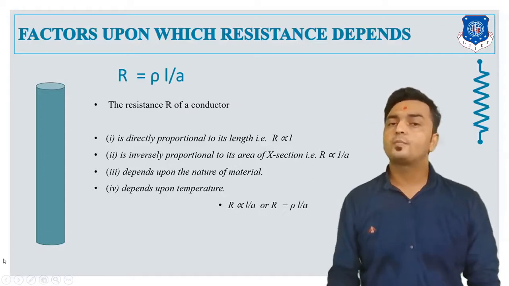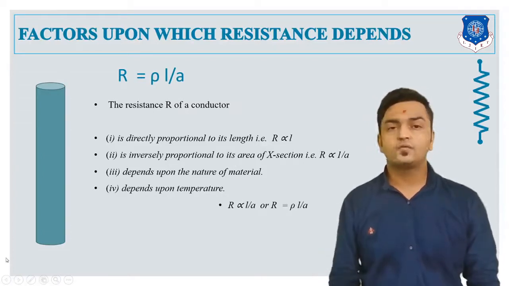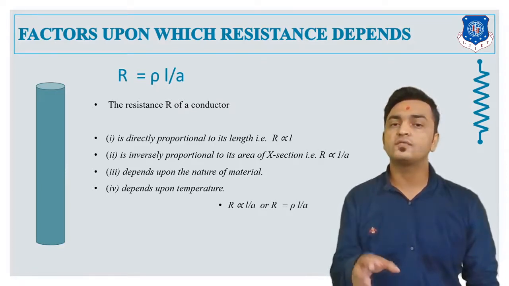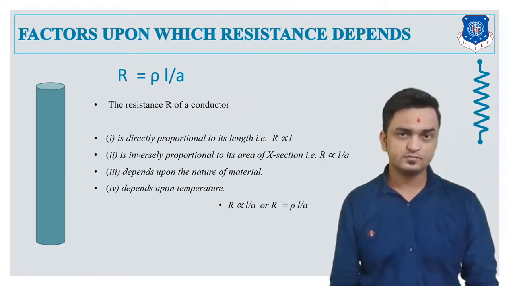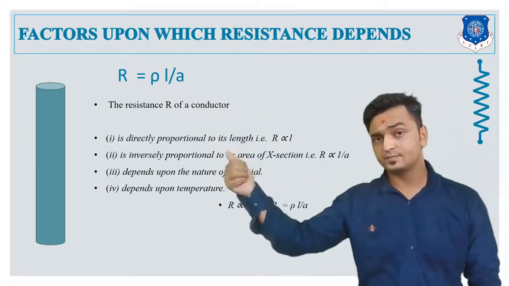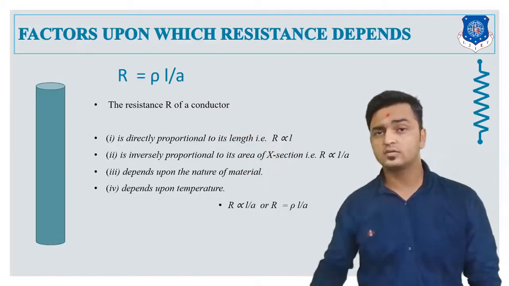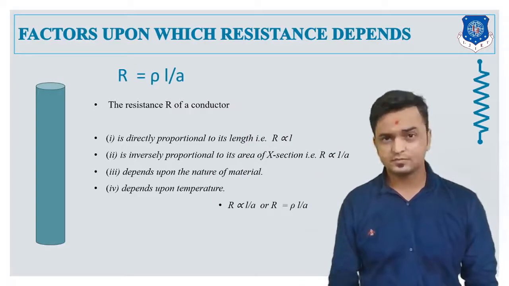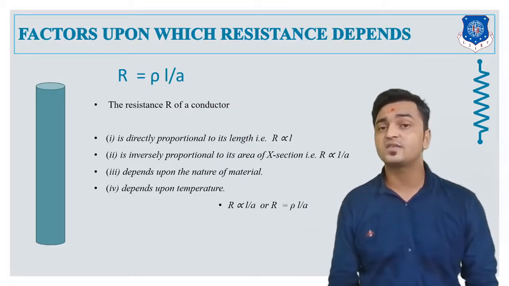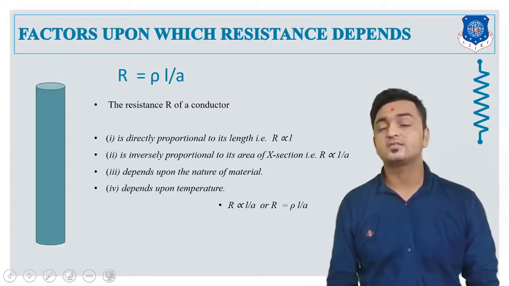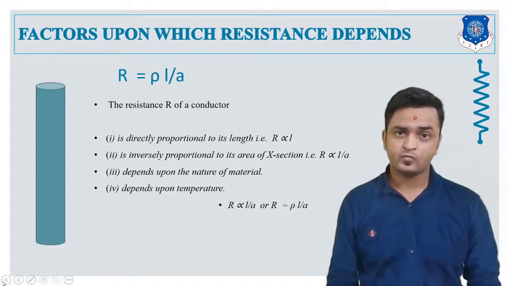Previously, in 11th-12th physics, we derived the value of the resistance based on the physical dimensions of a conductor. Let's suppose that in the given figure we have a conductor whose length is L meter, its cross-section area is small a in meter square, and its resistivity is rho.